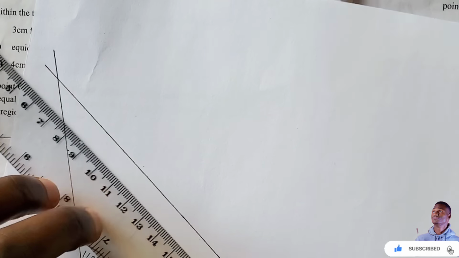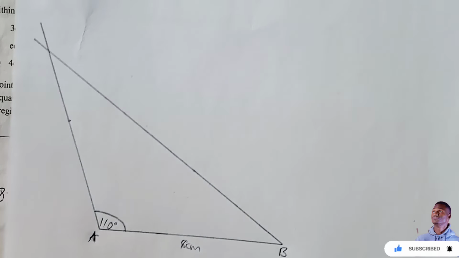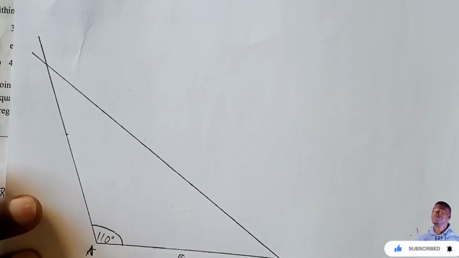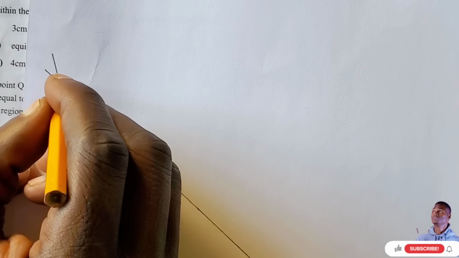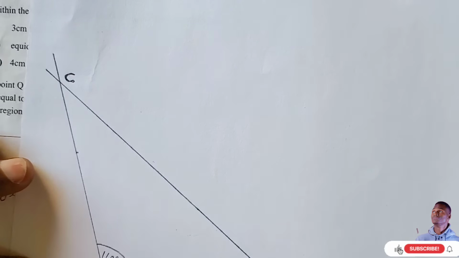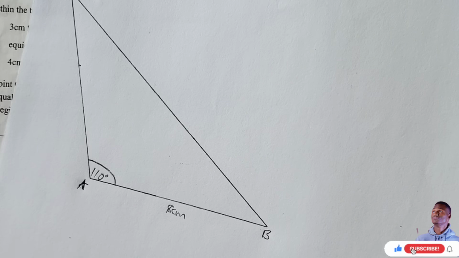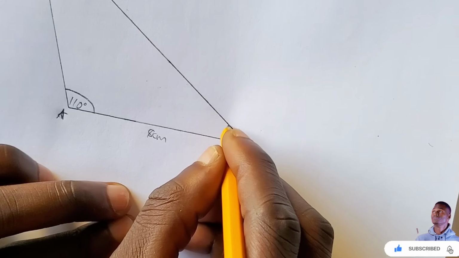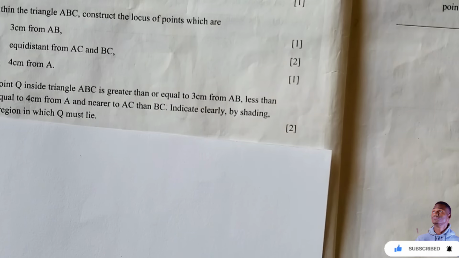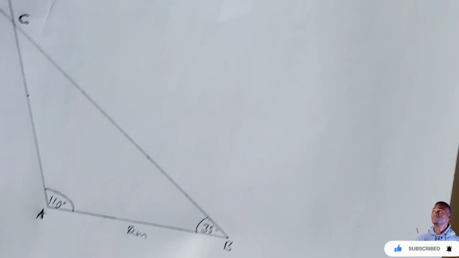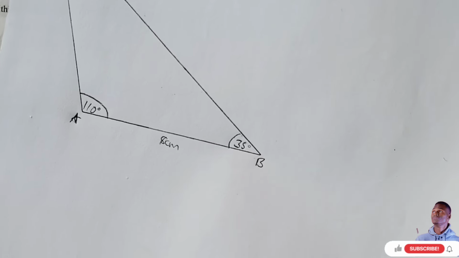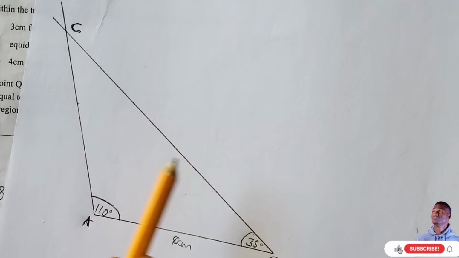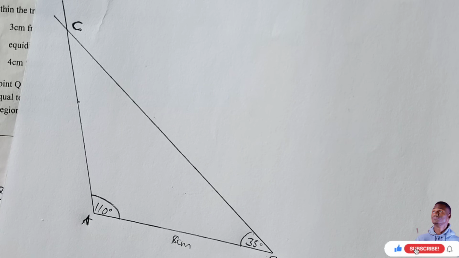Now when you extend it nicely, you see the two lines meet here. So this is where C is. Don't forget to indicate that this is 35 degrees. Let's check it. Good. This is the triangle. What's remaining here? The measurements. But don't write measurements if you're not asked.